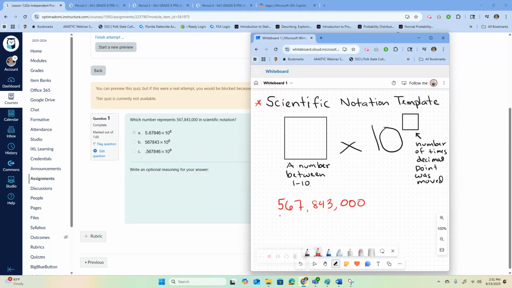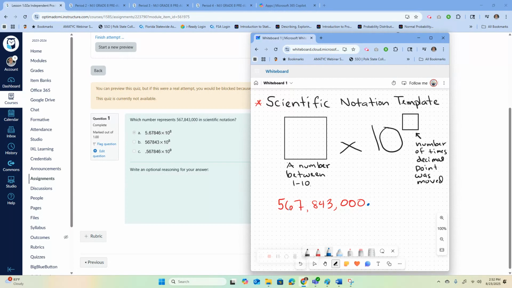And basically, this big number, I need to rewrite it using scientific notation. First thing I suggest you do, find the decimal point of the large number that was given to you. When you do not see it, it's because it's all the way on the right end. Now you want to move the decimal point. You want to place the decimal point in a new place.